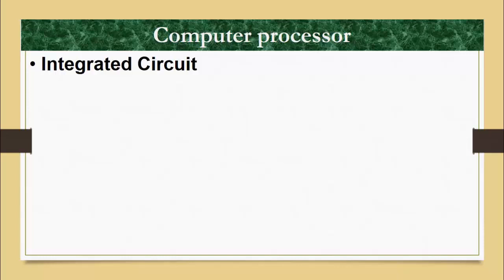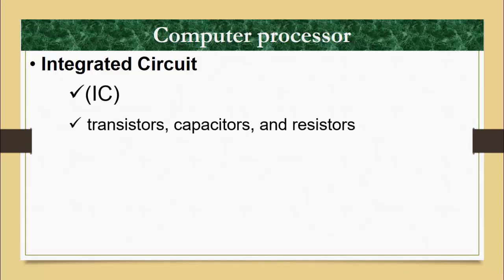Okay, students, I have used the term integrated circuit a few times in this unit, and it's time for a brief description of what the integrated circuit is. An integrated circuit, or IC, is a combination of electronic components such as capacitors and resistors.